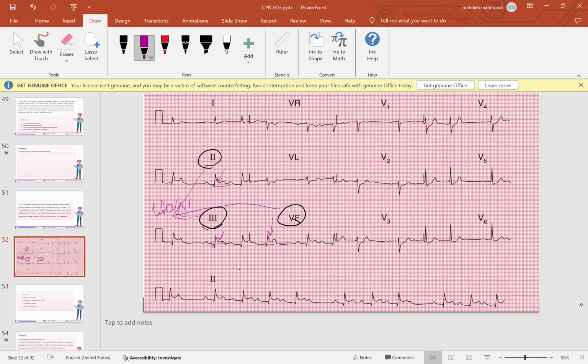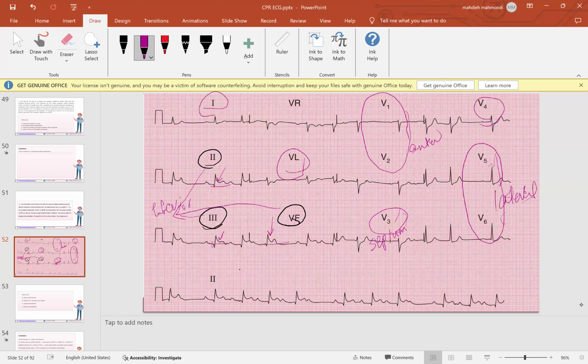Leads V1, V2 show the anterior wall. Leads V3 and V4 show the septum between the two ventricles, and leads V5, V6, 1, and AVL show the lateral wall, which is mostly the left ventricle.